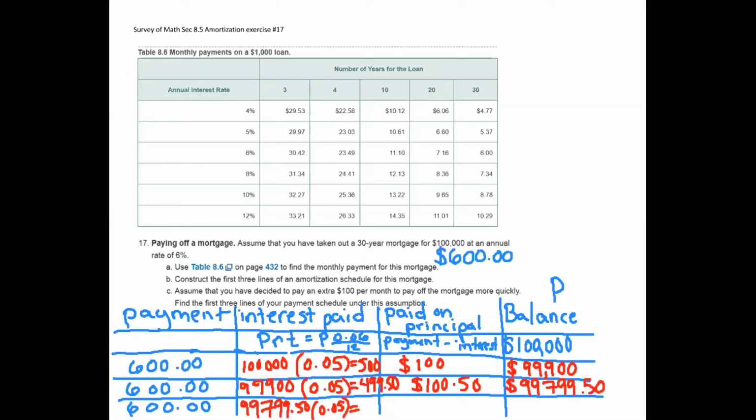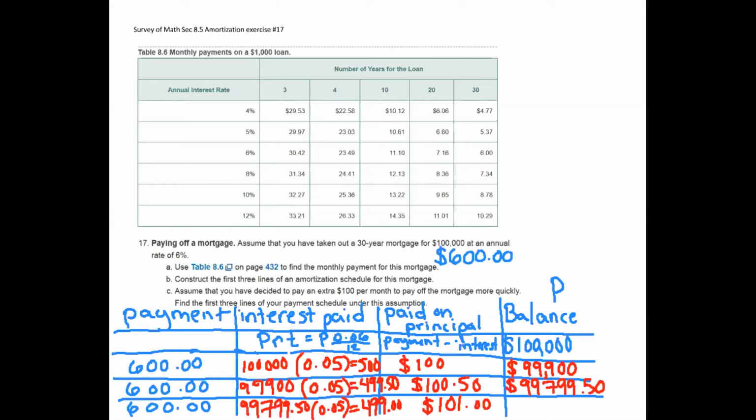And now we get that we are paying $499 going toward our interest, and the other $101 is going toward principal.